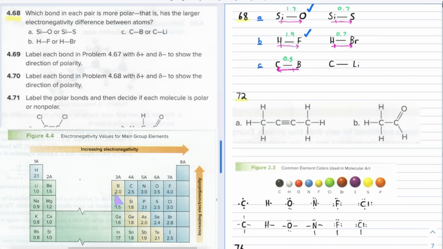And carbon, lithium. Lithium is 1. Carbon's 2.5. So that's a difference of 1.5. That's pretty large. 1.5. And that's pointing towards the carbon as well. And so the carbon-lithium bond is more polar.